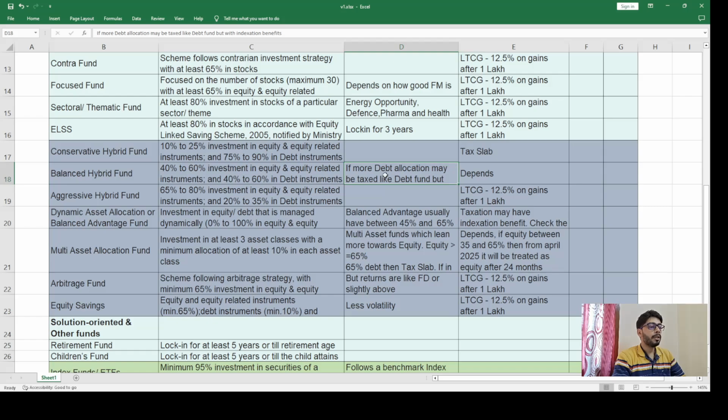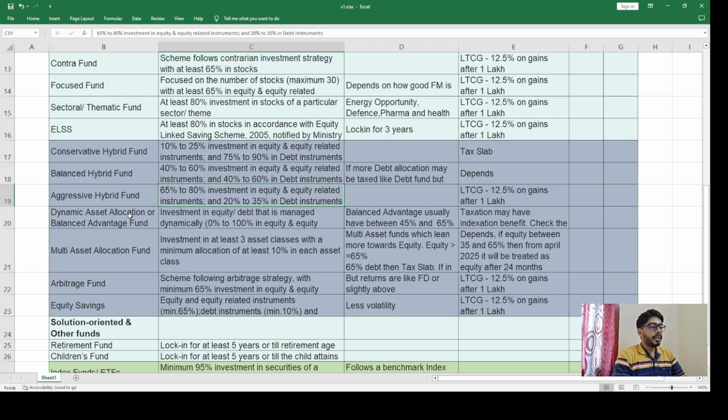That is something you'll have to keep in mind. Aggressive hybrid funds, as the name suggests, are aggressively into equity, and the debt part is a little less. These are a little more volatile than the above two. Conservative is the least volatile among these, and balanced hybrid is balanced. Aggressive will be towards the more volatile side.